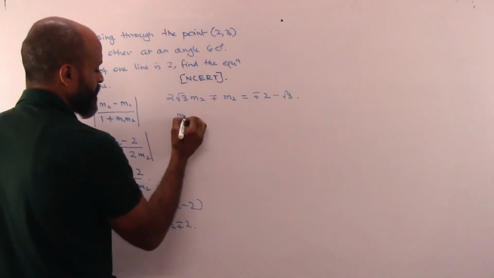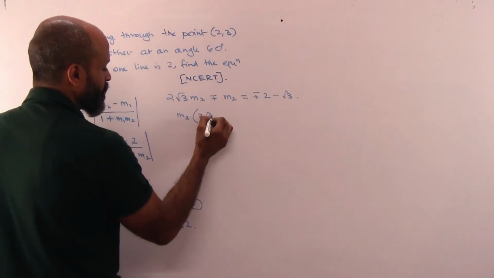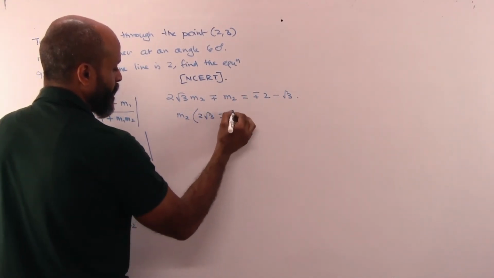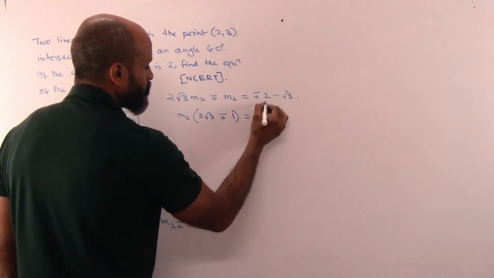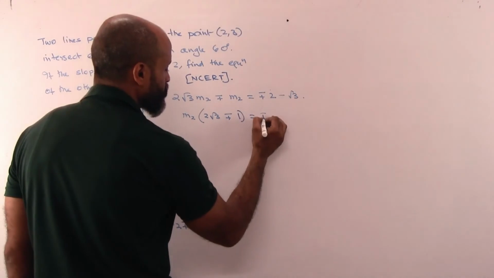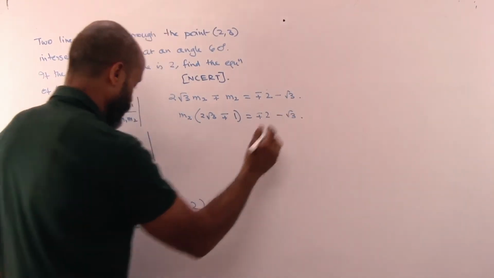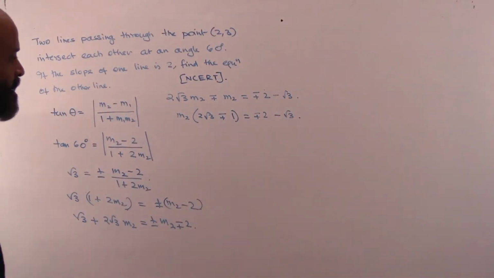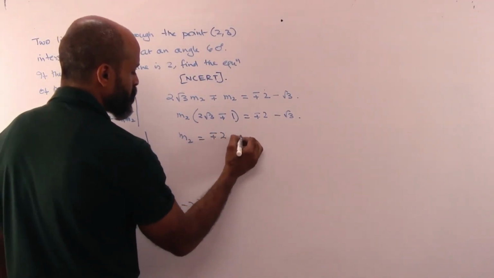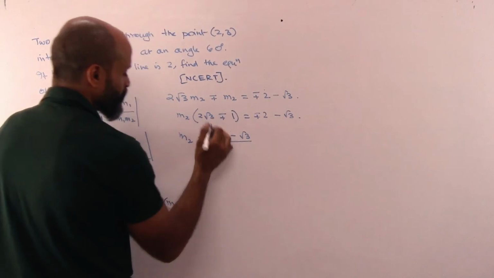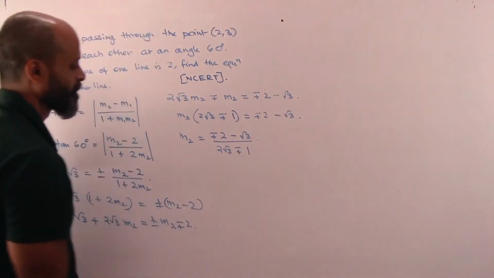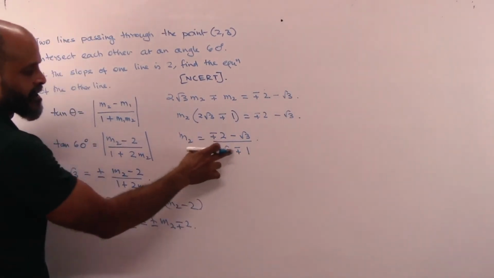So in this case it will be m2 into 2 under root 3 minus plus 1 is equal to minus plus 2 minus under root 3. So m2 will have a value of minus plus 2 minus under root 3 upon 2 under root 3 minus plus 1. Okay. So in both the cases we are seeing this.